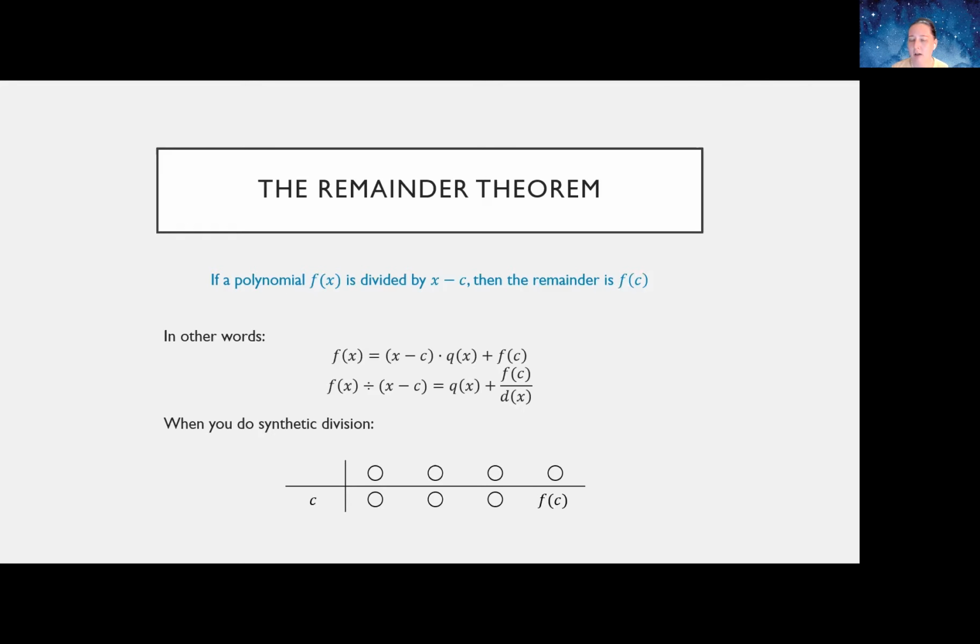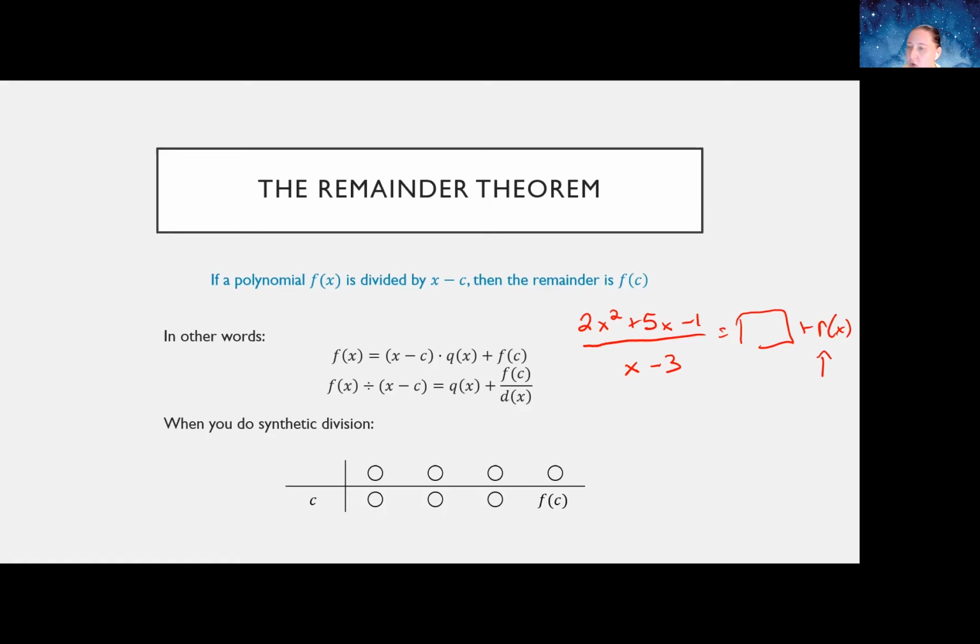This is a very interesting result here. It's basically saying if I take some polynomial function, say 2x² plus 5x minus 1, and I divide it by x minus 3, I'll get something plus a remainder, that r of x.